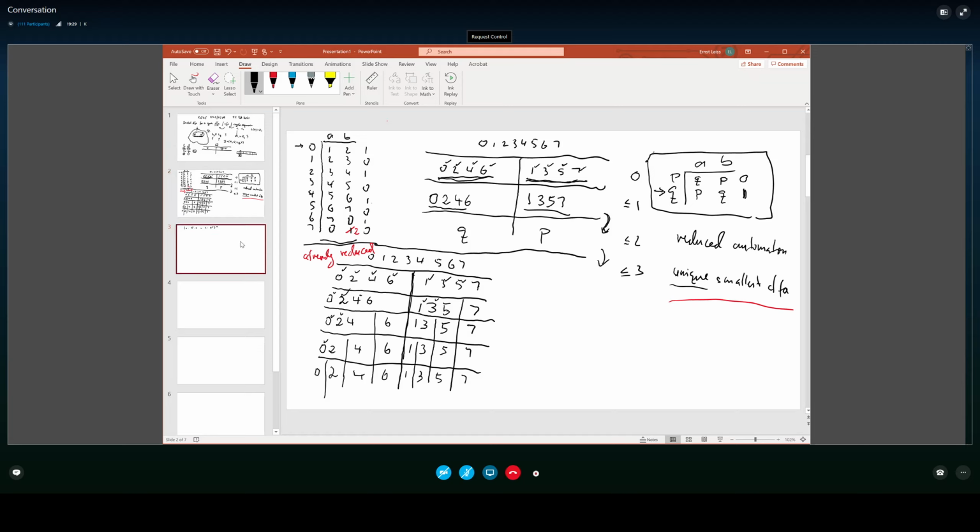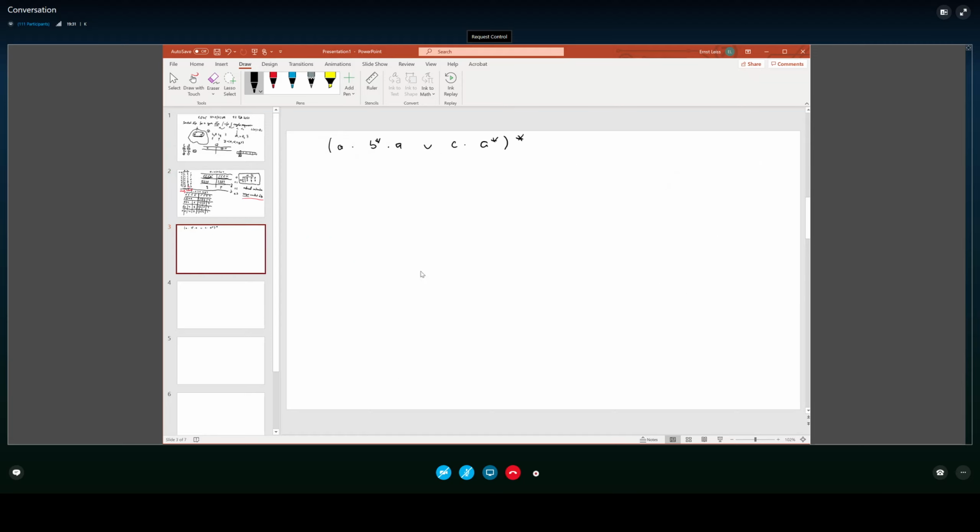Okay, but let me give you this example: a b star a, union c a star star. Let's do the construction of the NFA, the construction of the corresponding DFA, and then the reduction of the DFA.